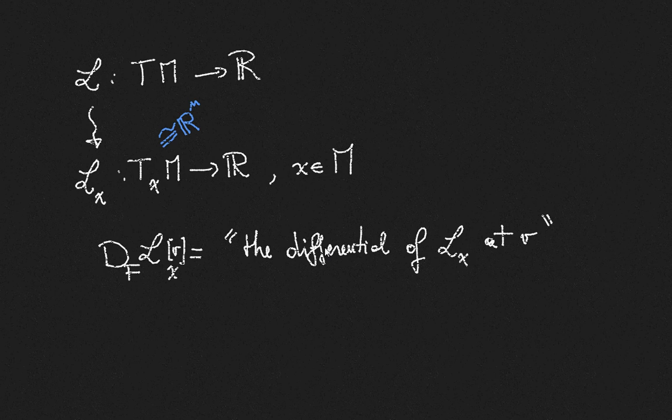So L_x is a function from R^n to R. Its differential at every point gives an element of the cotangent space to R^n, so the differential forms. Of the dual of R^n, so the cotangent space to M.